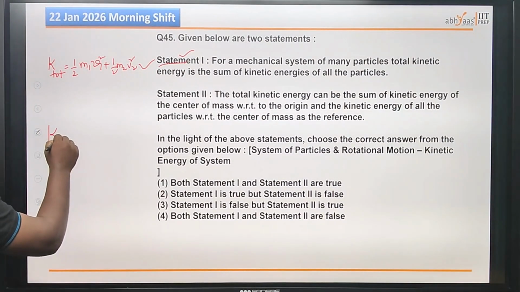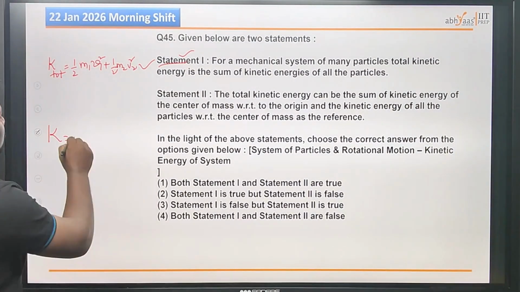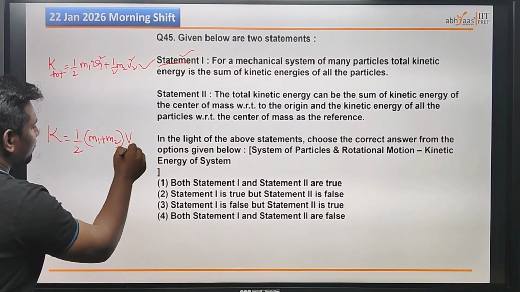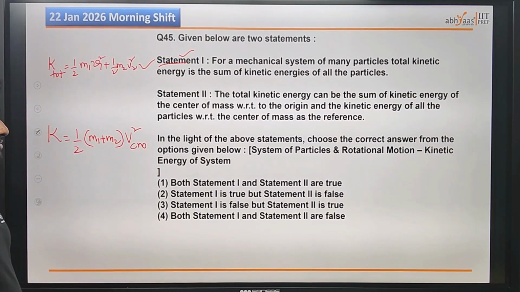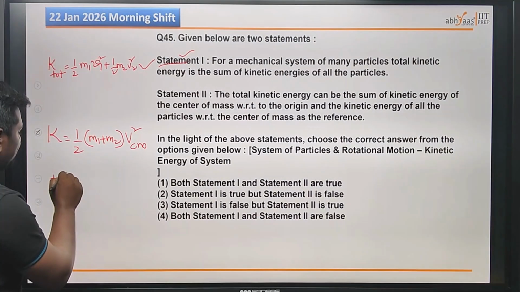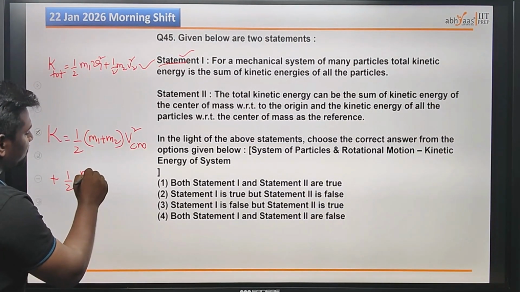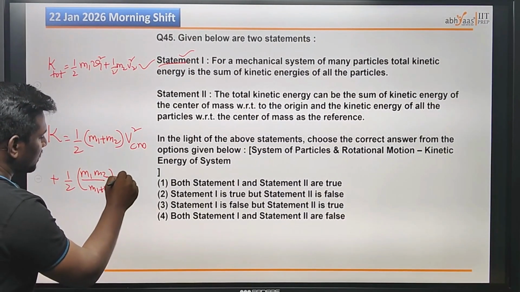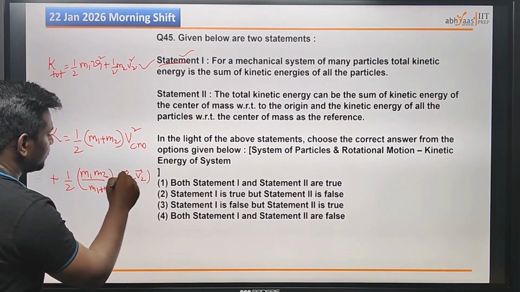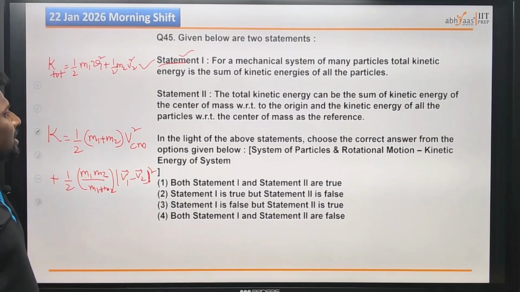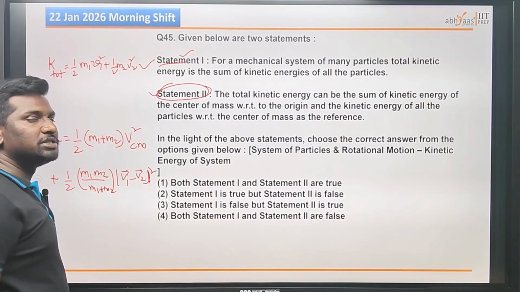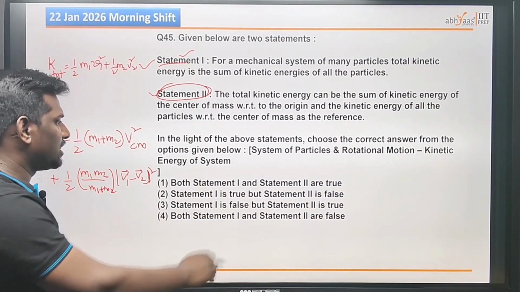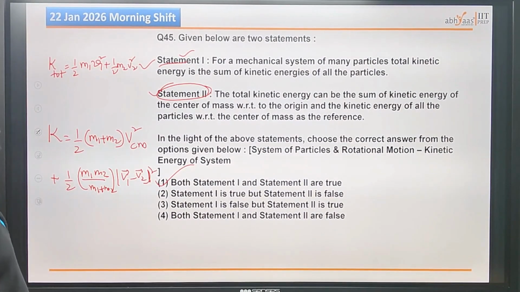So the kinetic energy is half of m1 plus m2 into the velocity of the center of mass whole square, plus half of m1 m2 by m1 plus m2 into v1 bar minus v2 bar whole square. So from this, statement 2 is also true. So what is the right answer? Both statements 1 and 2 are true. Option 1 is the right answer.